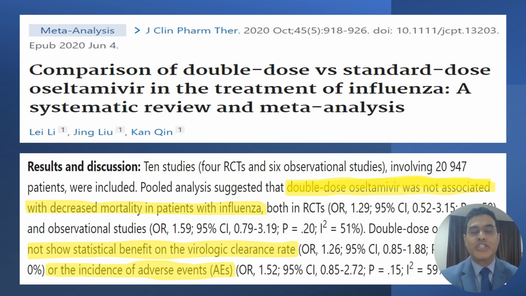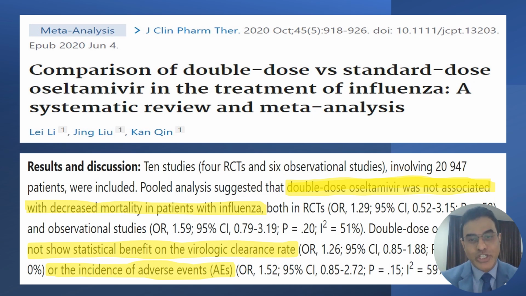This is one of the landmark studies, a meta-analysis of almost 10 studies, with 4 RCTs and 6 observational studies. They compared a double dose versus the standard 75 milligram dose for influenza. 5 to 10 years back, we used to treat ventilator patients with severe ARDS with 150 milligram twice daily.